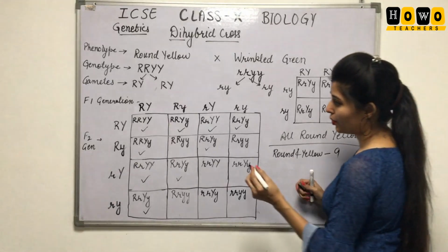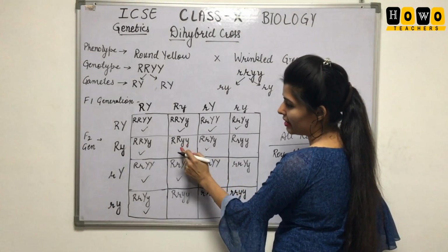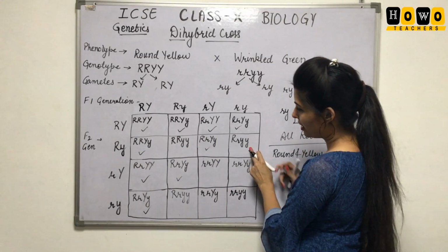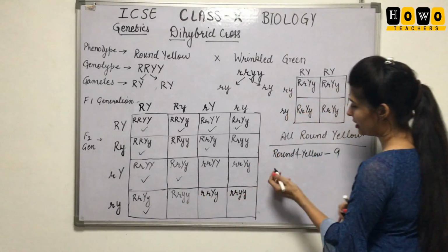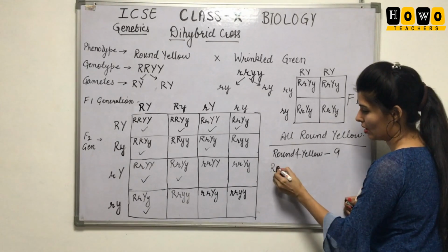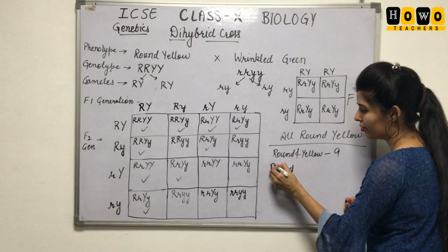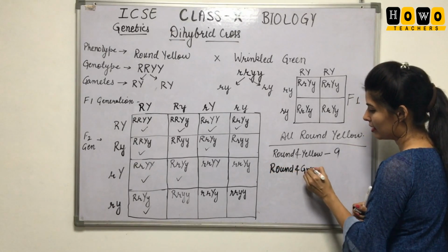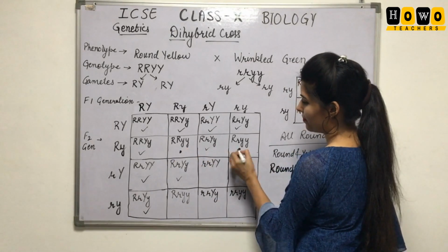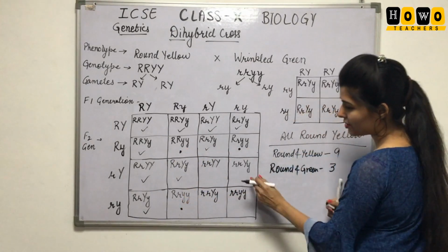Let us see more. This one is round and green. This one is also round and green. This one is also round and green. So round and green are 3 in number. So this also done. And now see this one.